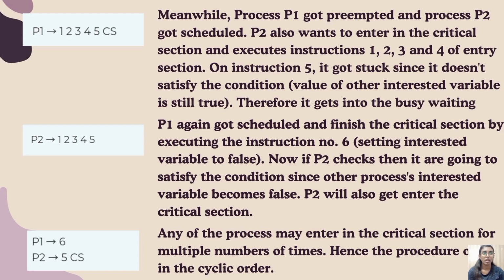P2 will also enter the critical section. P1: 6, P2: 5, CS. Any of the processes may enter the critical section multiple times. Hence, the processes occur in cyclic order.